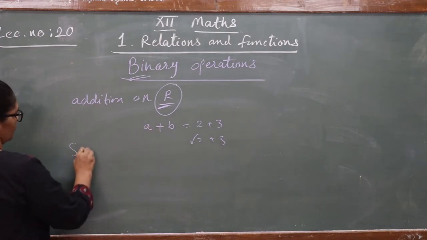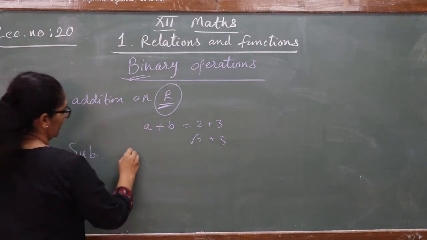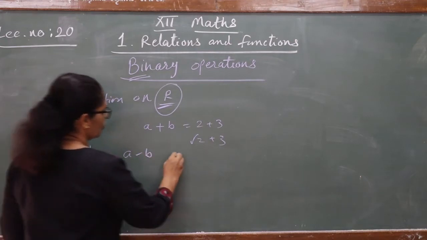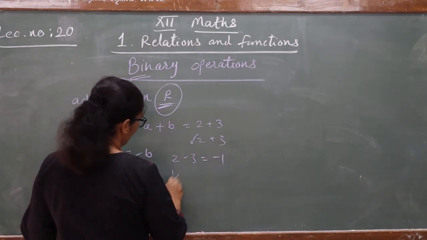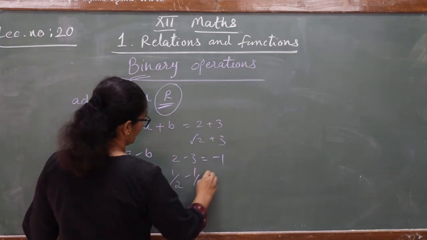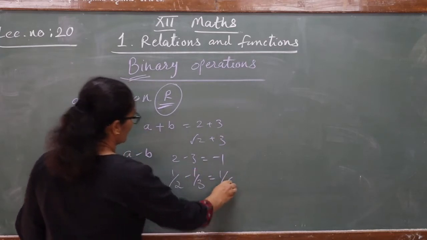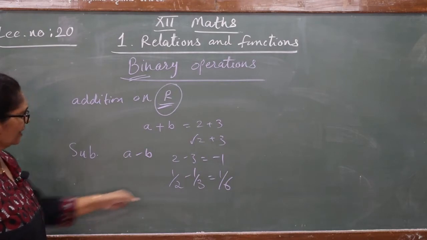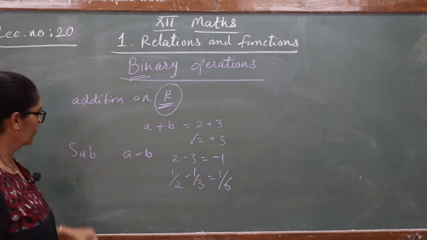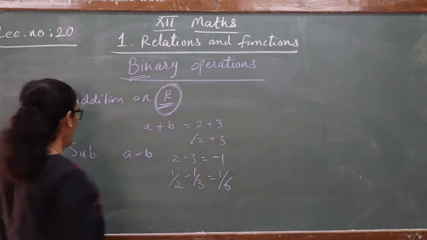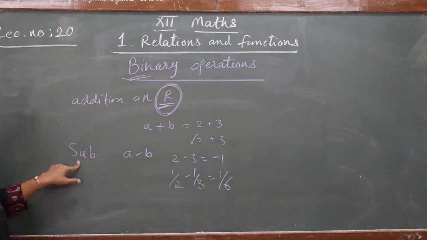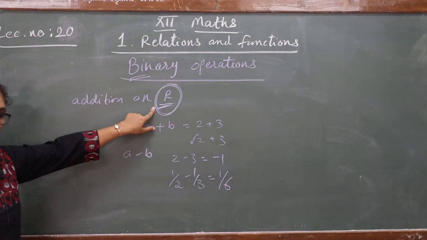Now subtraction. Suppose we take a minus b. So 2 minus 3 is minus 1. Suppose 1 by 2 minus 1 by 3, then 1 by 6, and all these are real numbers only, so you get it in R only. So addition and subtraction are both satisfied in the real numbers.